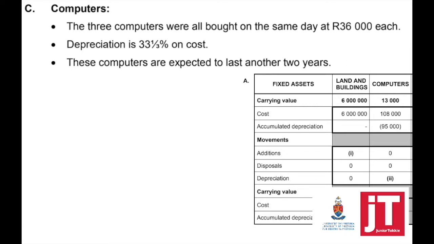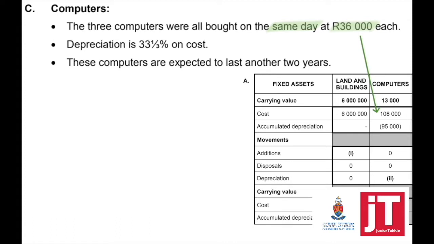There's a reason why they provided you with the information by saying it will only last you for another 2 years. If I go look at the information given, it was all bought on the same day, $36,000 each. If I times that by the number of computers we've got, it equals the $108,000.